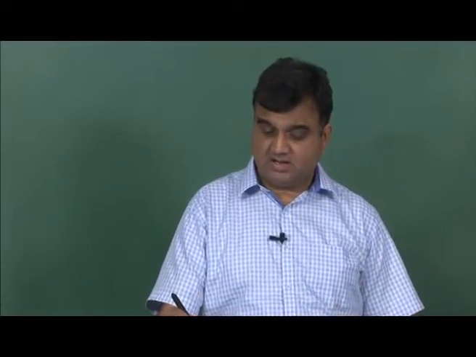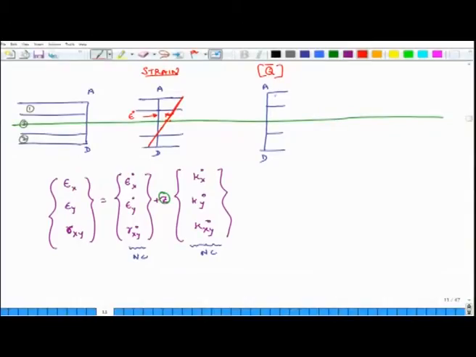If it is sudden, it means the Q bar matrix for the first layer will be something, and the entire matrix for the entire first layer will be constant because it is the same material and same angle. But for the second layer, if theta changes then suddenly Q bar will change, and then for the third layer it will again suddenly change. So, the Q bar matrix changes suddenly.